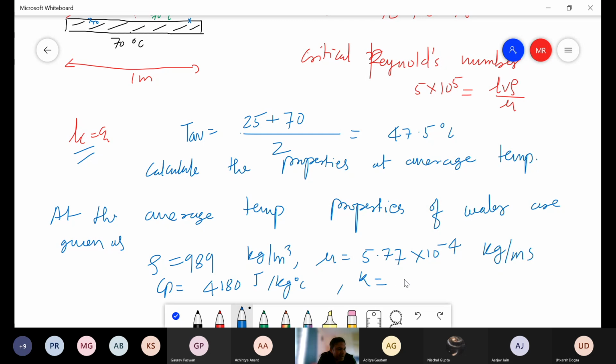Thermal conductivity comes out to be 0.64 watt per meter degree Celsius, and Prandtl number is given as 3.77. So these properties you have obtained from the table given at the back of the book, the back of BK Datta.